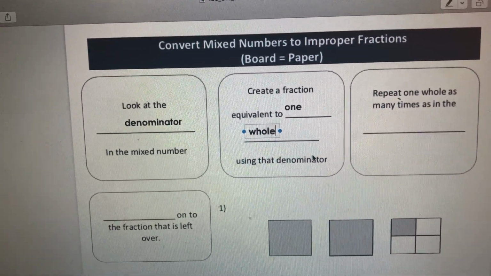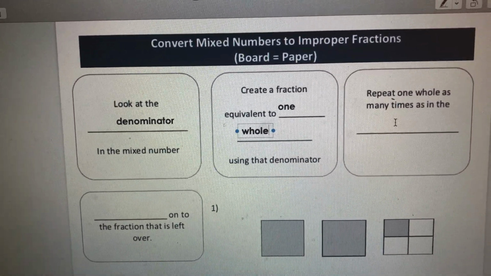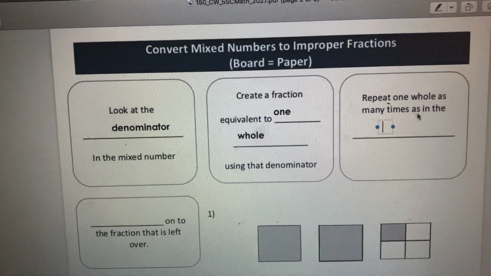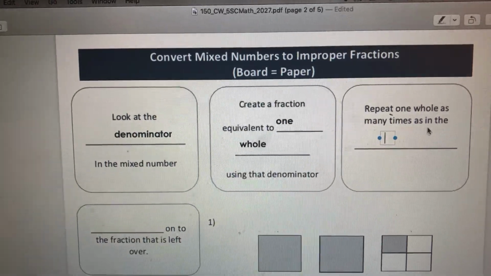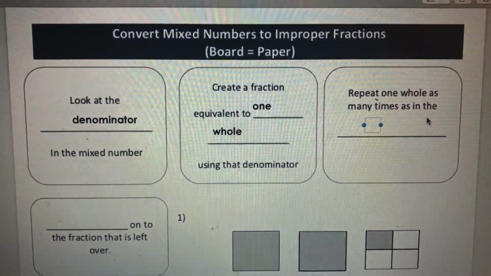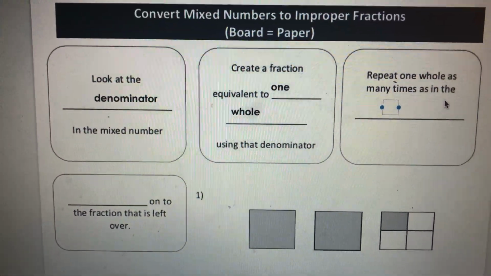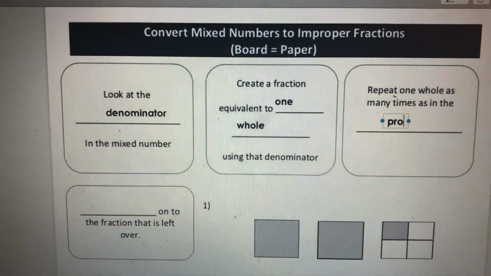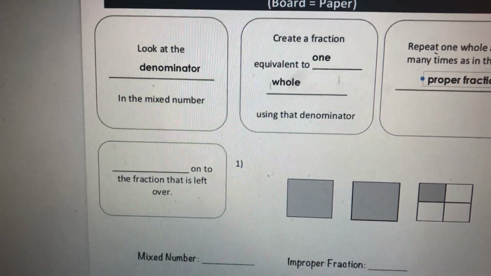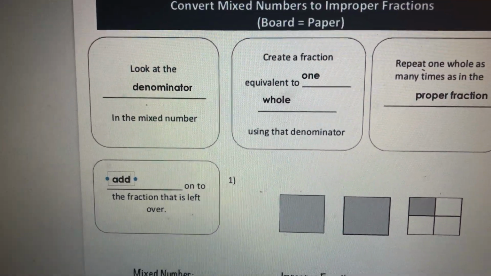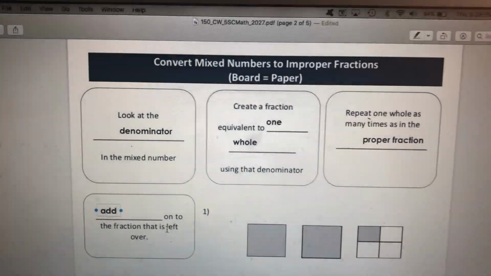If there is as many whole shapes or fractions as you need. And then you repeat that for as many times as in the whole or proper fraction. And then you add on those fractions at the end. Here's how we do an example.